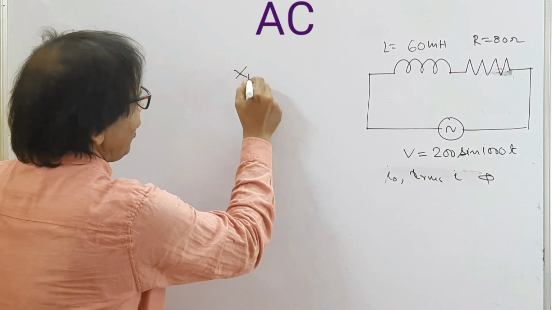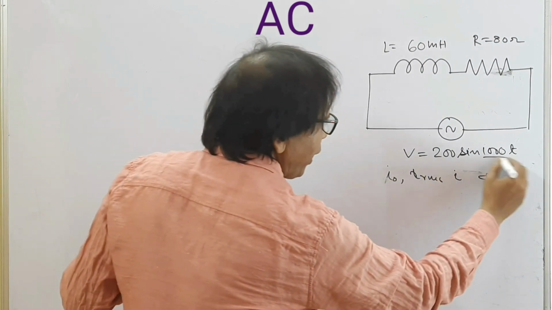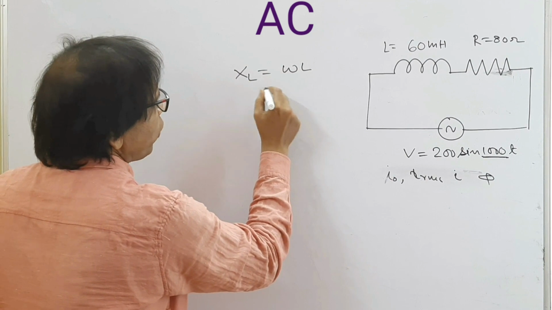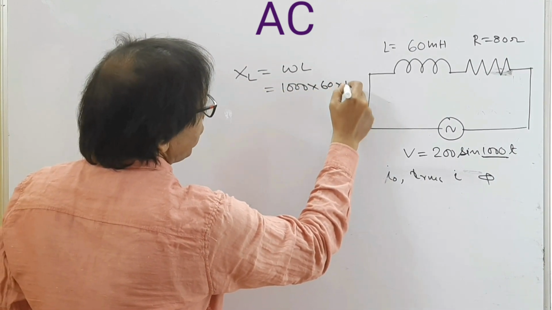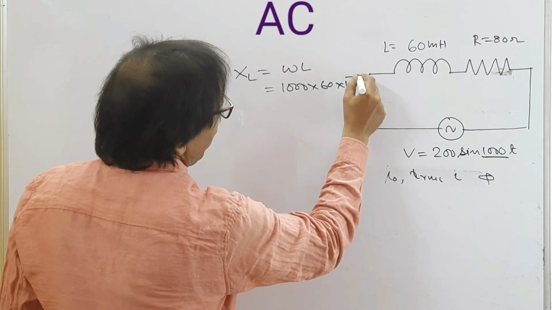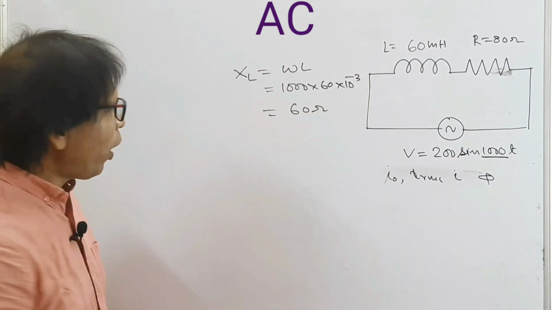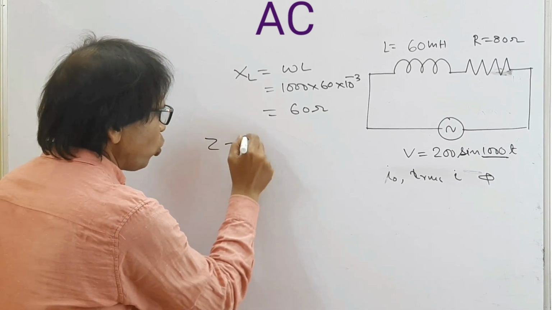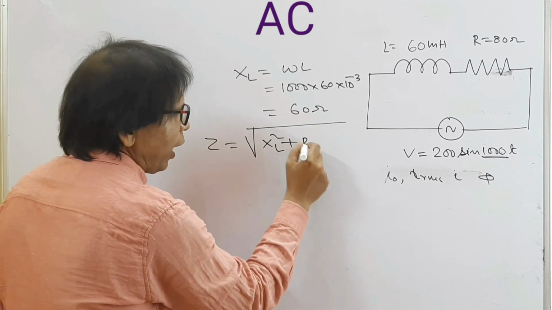Look at this, here XL equals omega L. Now omega equals 1000. So this is 1000 into 60 into 10 to the power minus 3, so this is 60 ohm. Now what is Z? Z equals root under of XL square plus R square.